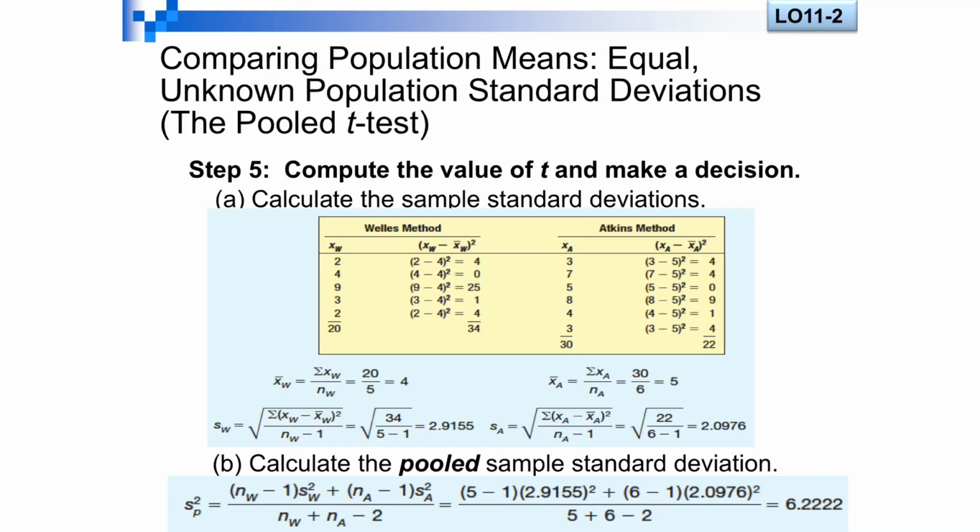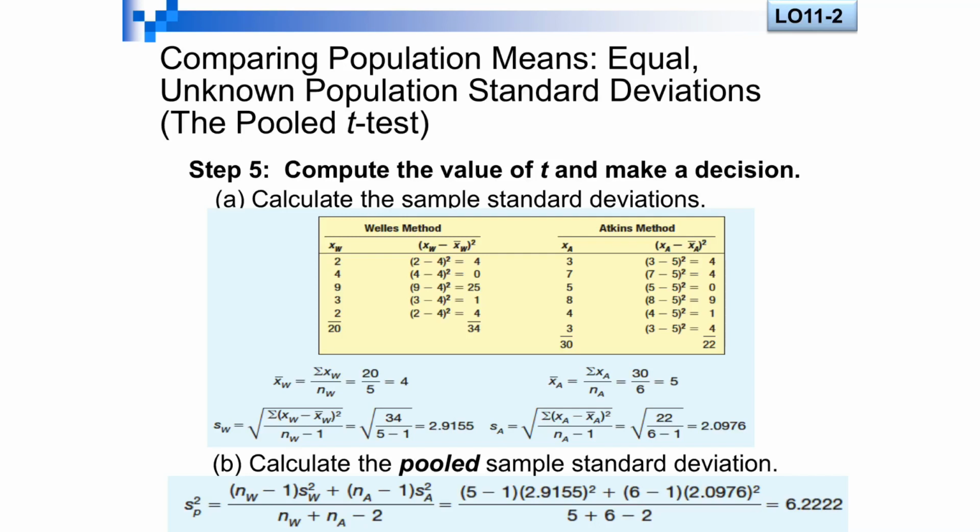So the next step is we have to calculate the value from the formula and compare them together to see how it is. The first step is to calculate the mean and calculate the standard deviation based on the formula, pooling them together first.